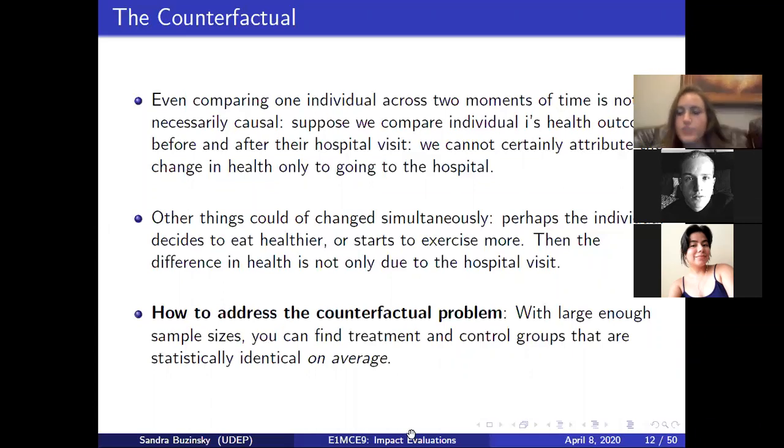I'm not saying that each individual has to have perfectly identical characteristics in both groups. It's just that for this characteristic, say age, on average, it's 35 for the treatment group and control group, something like that, right? And so statistically identical would mean no statistically significant difference at the 5% or 1% level.